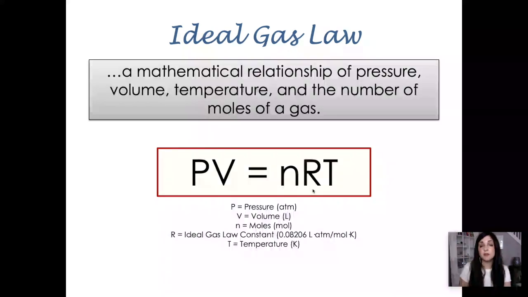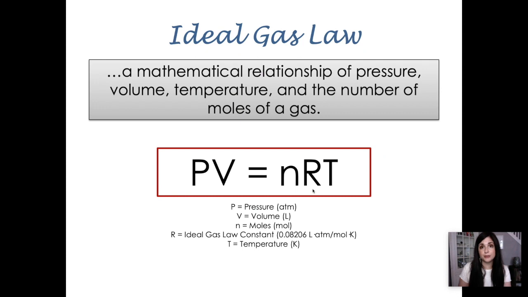This value is 0.08206. I hope I said that correctly. And the units of this are liters times atmospheres per mole Kelvin. I think this is written a little bit nicer in your notes because I wanted you to really see the units there. But it's liters times atmospheres divided by moles Kelvin.